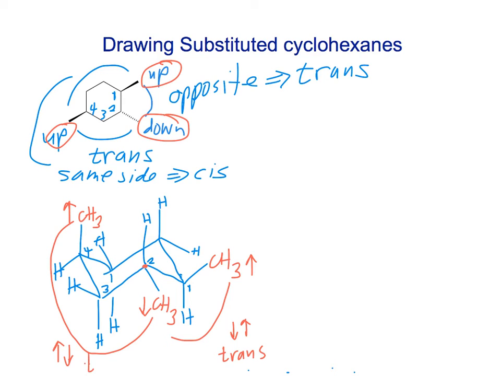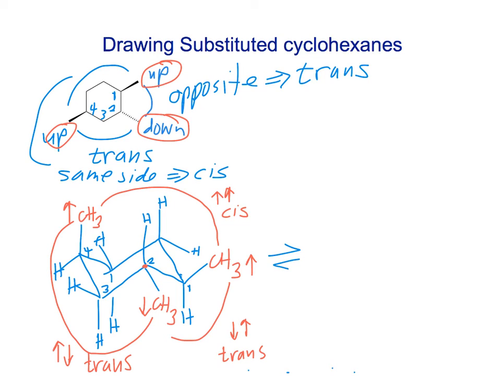Likewise, this is trans. Okay, just like we had up above. And if we compare this methyl group to this methyl group, notice that both are pointing up, so they're on the same side, and so this is cis. All right, these arrangements don't depend on whether those methyl groups are either axial or equatorial. They only depend on whether they're on the same side or on the opposite side.